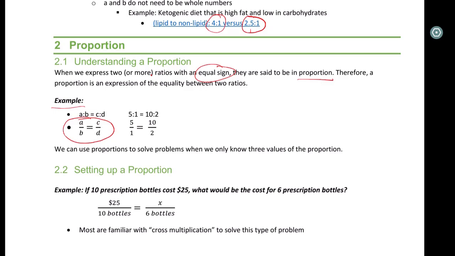So for example, 5-to-1 is equal to 10-to-2. And usually we've gone this way where we're reducing those fractions. Notice again, we can also use it the same way before that we learned above. We could do that 5-to-1 or 10-to-2, taking the same concept that they are fractions and reducing them.